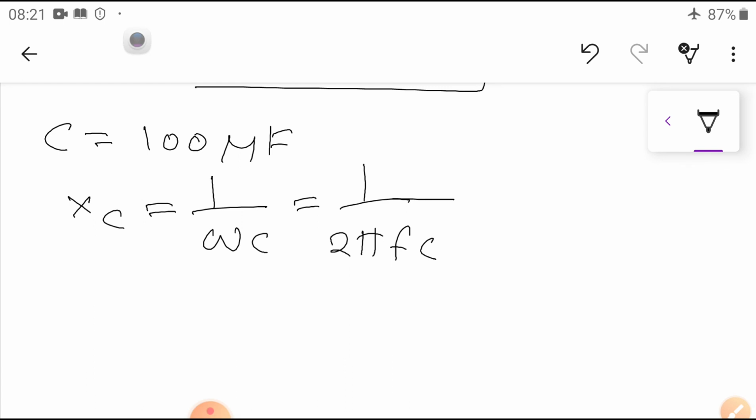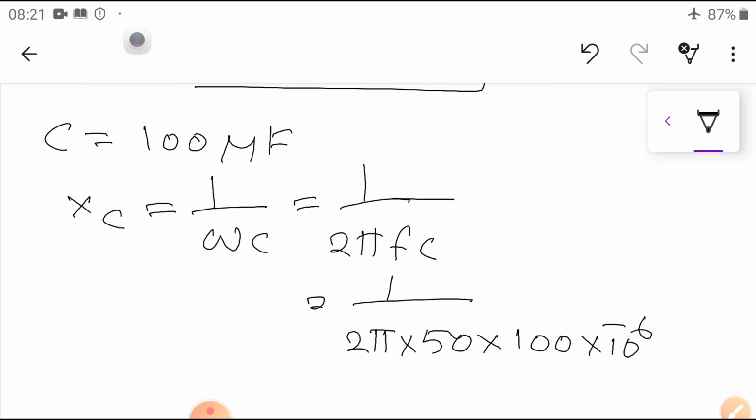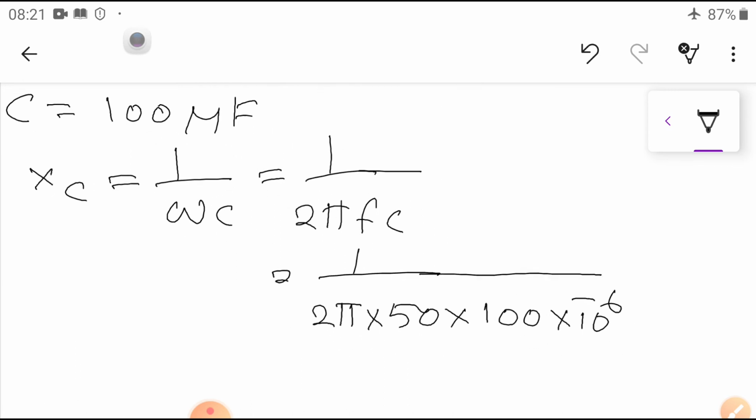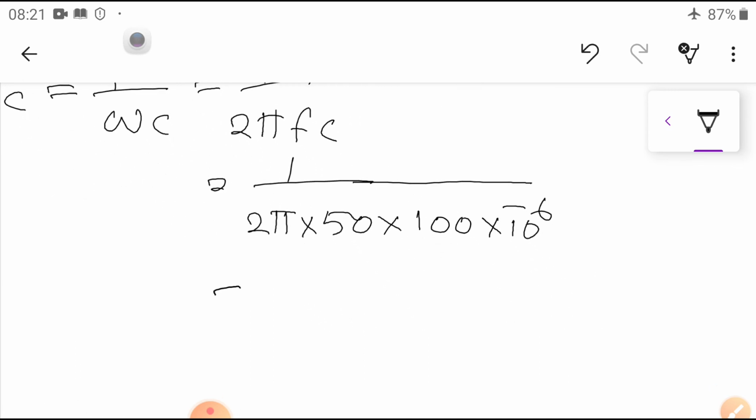That is equal to 1 by 2 pi, which is a constant, F is given 50 Hz, and C is given 100 microfarad, 10 to the power of -6. With the help of the calculator, I am going to get this value, 31.83 ohms. So this is called XC.